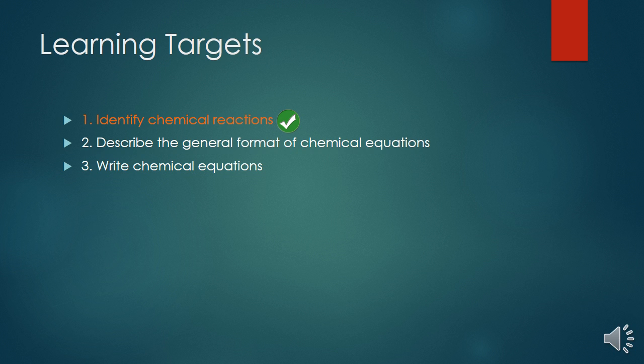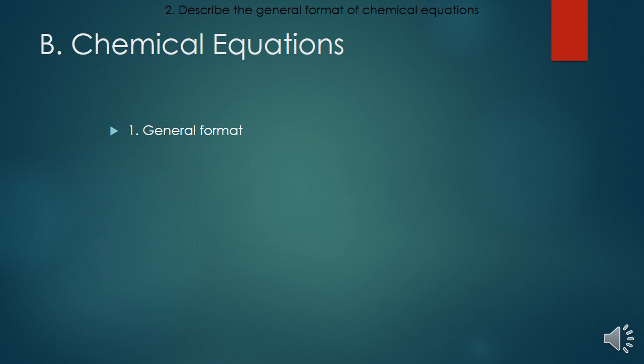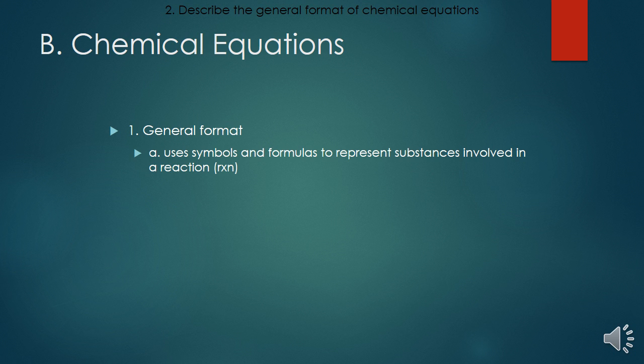Next thing we want to be able to do is to describe the general format of chemical equations. A chemical equation simply uses symbols and formulas to represent the substances involved in a reaction. If you ever see this notation here, rxn, that is very common shorthand in chemistry for the word reaction.